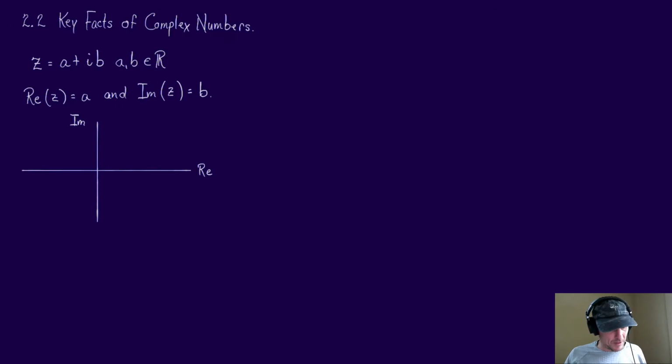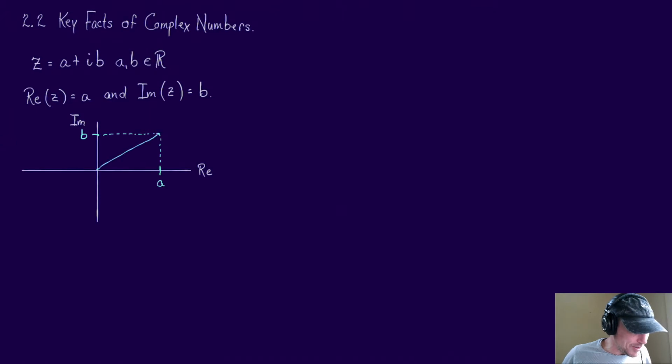So for example, here I have the number z is a plus ib. So I would come out on the real axis to a, and then I would go up on the imaginary axis to b. And then where those 2 numbers meet, that right there, that didn't really line up very well, did it?